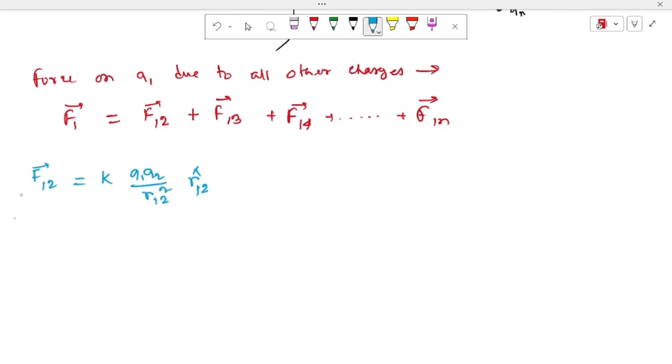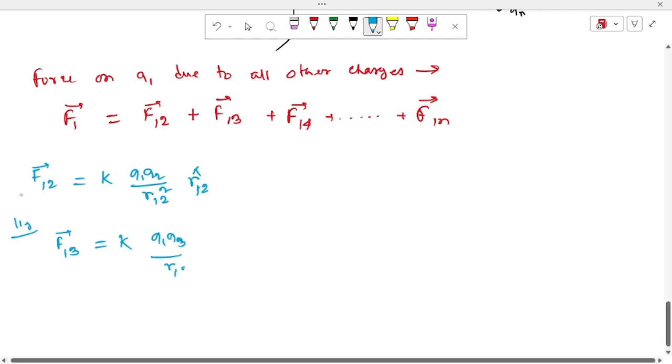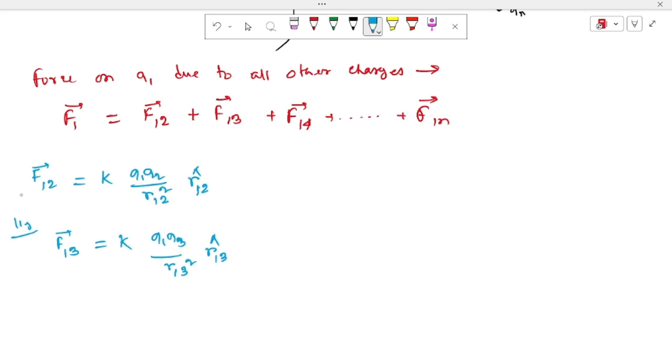Similarly, force due to 3 in 1 is equal to 1 by 4 pi epsilon naught, K, Q1 Q3 by R13 square R13 cap, right?